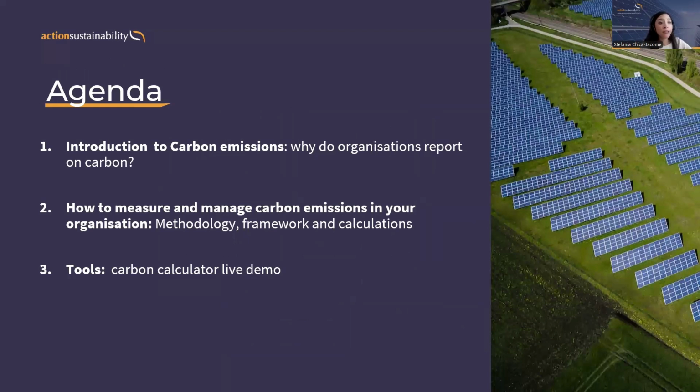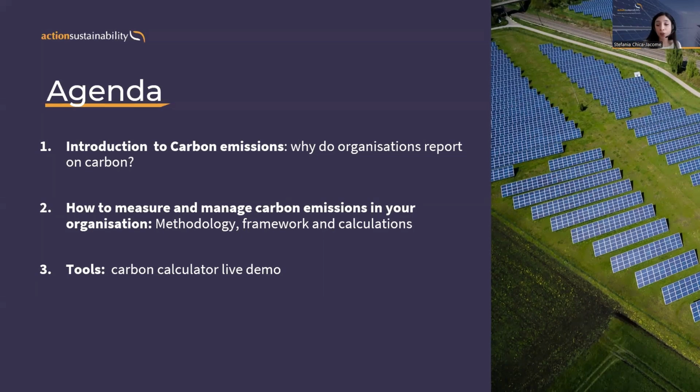So without further ado, let's check the agenda that we have prepared for today. As I said, this is an introductory level session. So we're going to start by explaining why we have to report our emissions in the first place. And then we're going to review the process to measure those emissions, including a framework to do that, examples of some carbon calculations, and also tips to collect the data that you need in order to do those calculations.